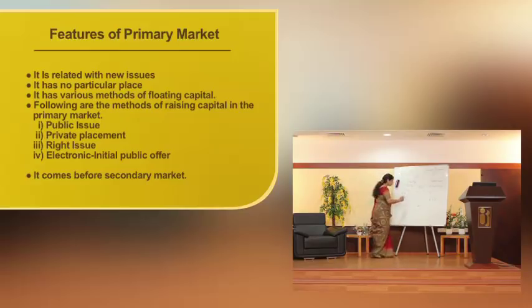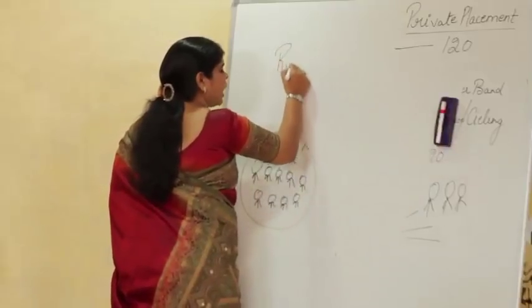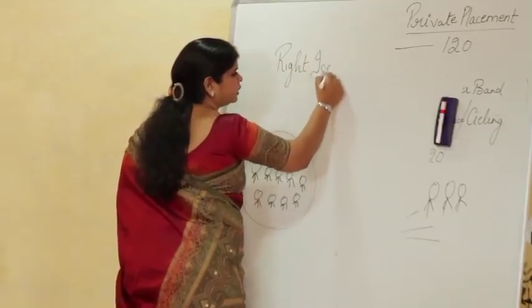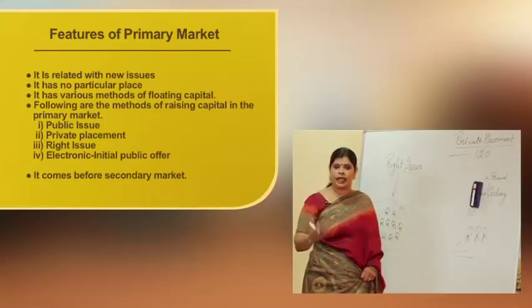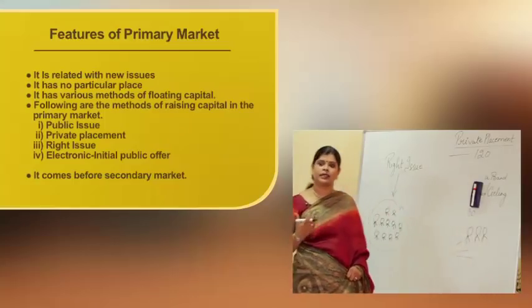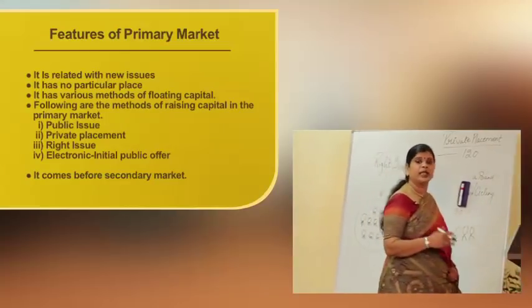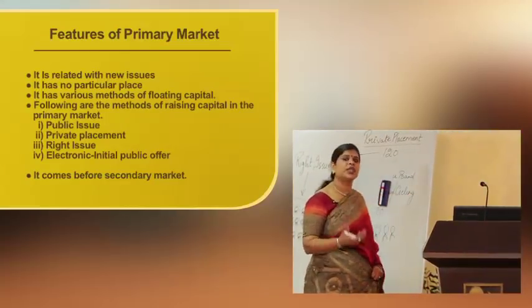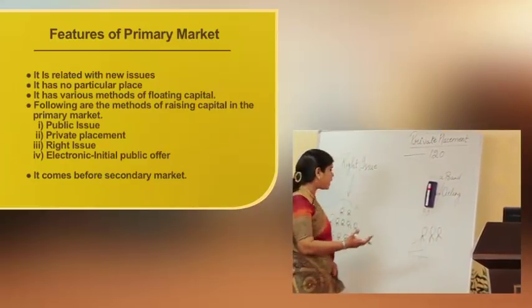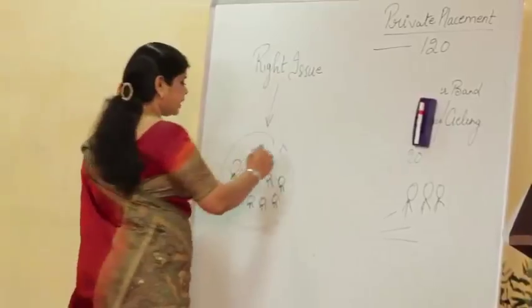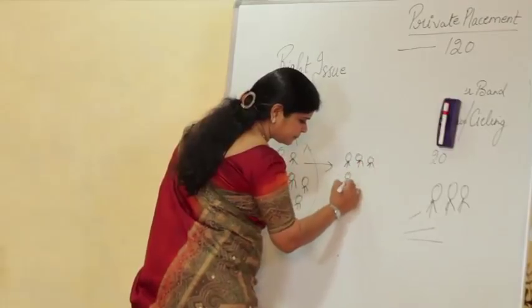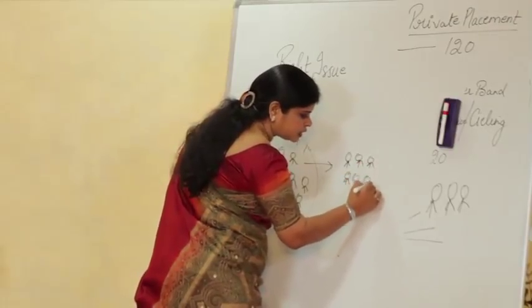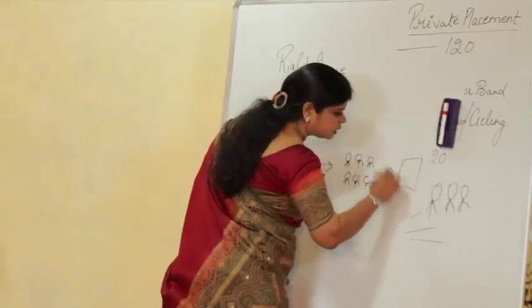So what I am going to do is go through a rights issue. I am again approaching the same set of people, giving them a right to get more shares of my company at a subsidized rate than what it is in the market. This is a concessional rate which I am offering to my existing shareholders to get some more shareholding with me and get the money into my company.